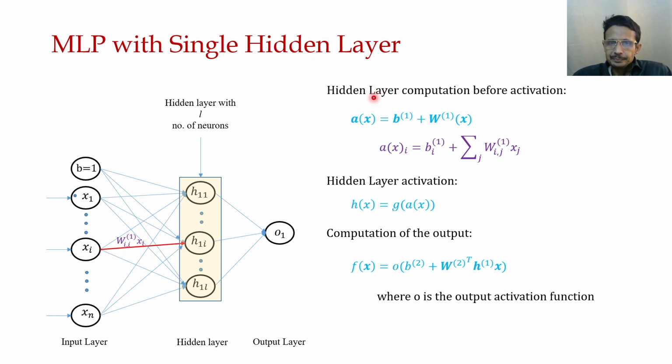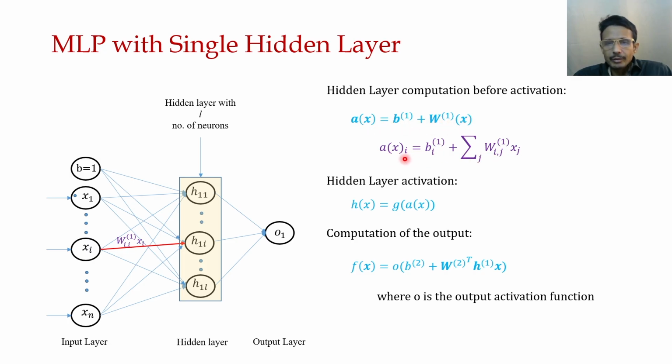Now we have to understand how the actual inputs are being converted between layers. Let's see what the computation in the hidden layer is. There are basically two computations: one is the summation and another is the activation. Before activation, this a(x) is formed, where b1 is the bias term, plus the weight vector times the input vector. This is the matrix formulation.